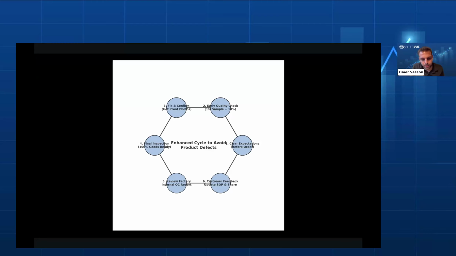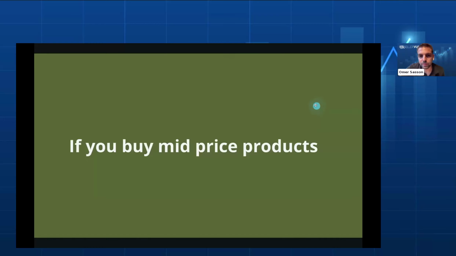Any bad reviews you get, you want to add to the original expectation form you prepared for the factory, where you explained what you expect in terms of QC, and resend it to the factory. This is how you make the defect percentage go down from order to order, because every time you take the feedback from the market, you add it to the QC expectation and send it to the factory.